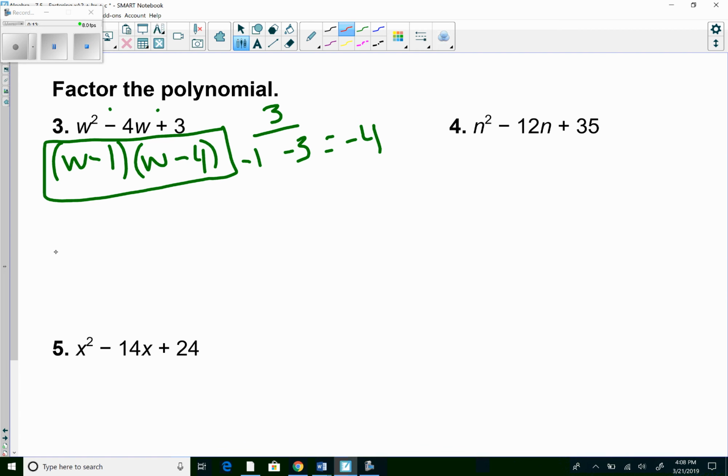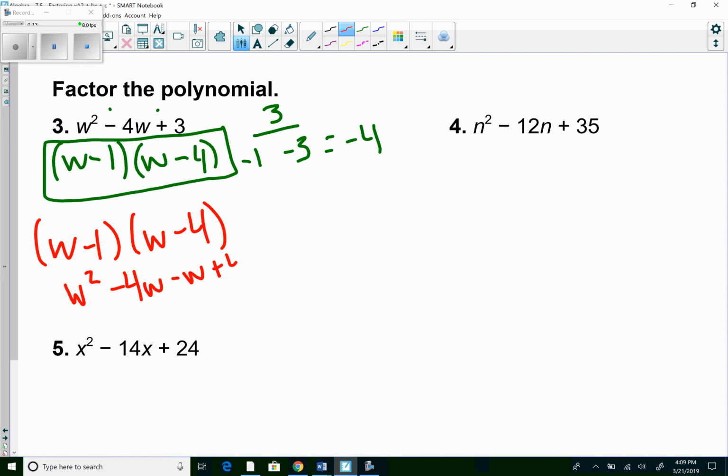Okay, let's just quickly FOIL them together. W minus 1, W minus 4, W squared minus 4W minus W plus 4. Okay, that turns into negative. Aw, man. Hopefully you guys didn't make the same mistake that I did. That's not supposed to be 4.